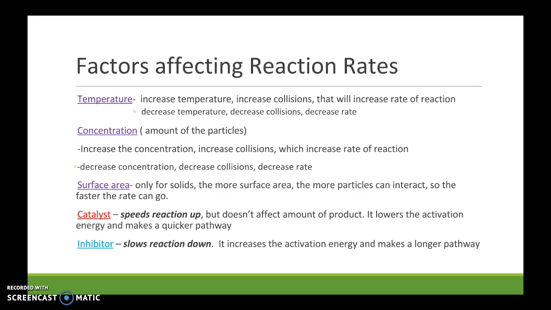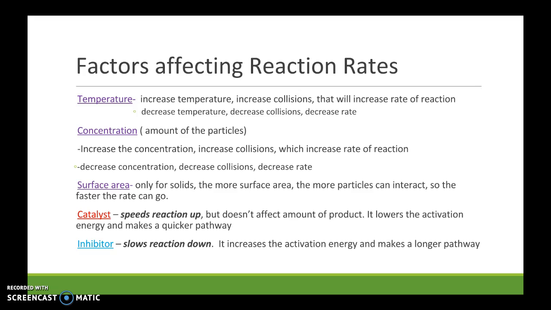The second thing you need to know is the concentration. Concentration, think about the number of particles you have. Remember, concentration is moles per liter, such as molarity. The more particles I have, the higher the concentration. If I increase concentration by putting more particles into the solution, you can get more collisions.